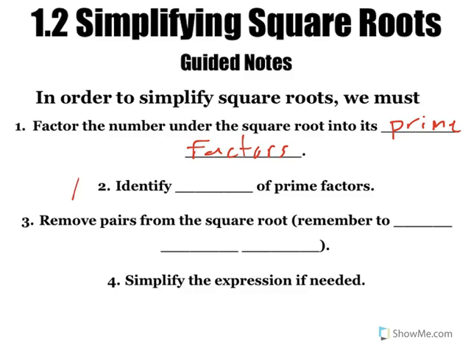Our second step, and this is the big one, is we want to identify pairs of prime factors. And then we're going to remove the pairs from the square root. Remember to only use one of the pairs.